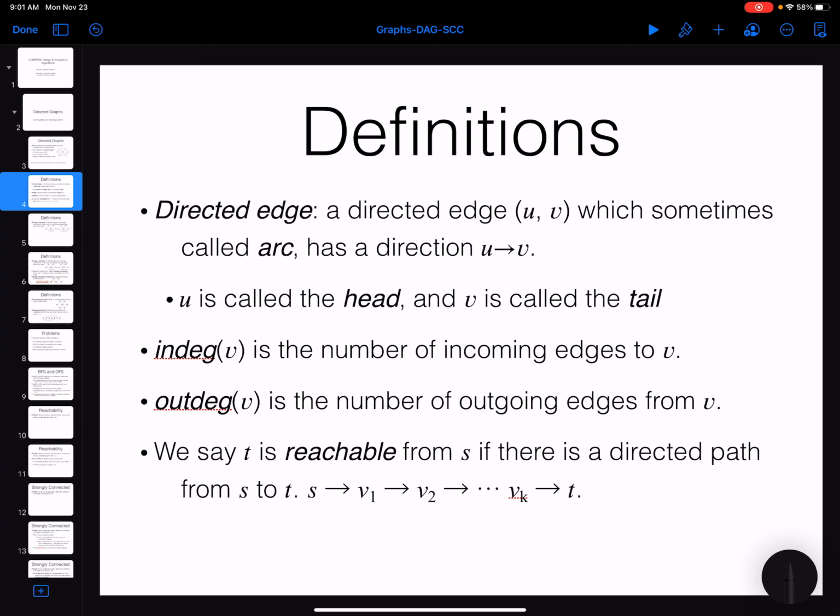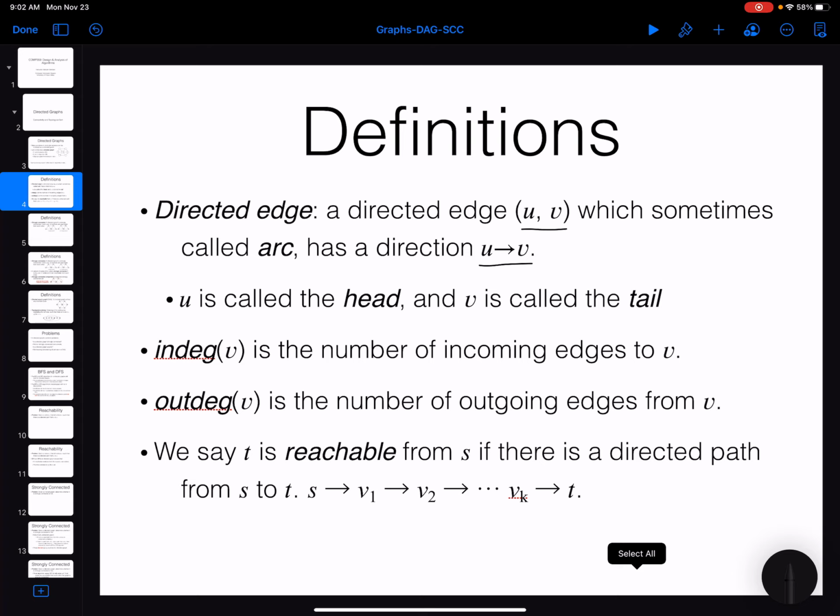So we say that an edge U to V is a directed edge, and we sometimes show it using an arc that U goes to V instead of this pair. And if you show it using a pair, the first one is called the head and the second one is called the tail. So you have an edge that goes from U to V.